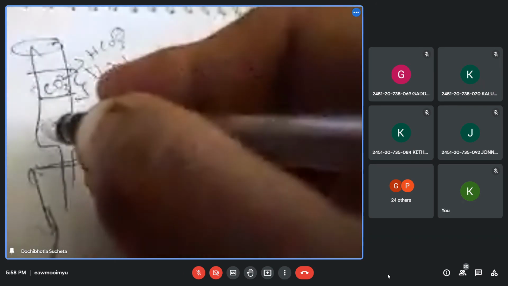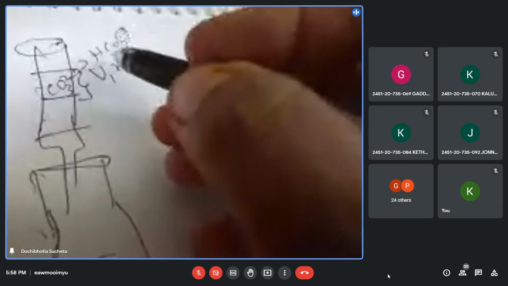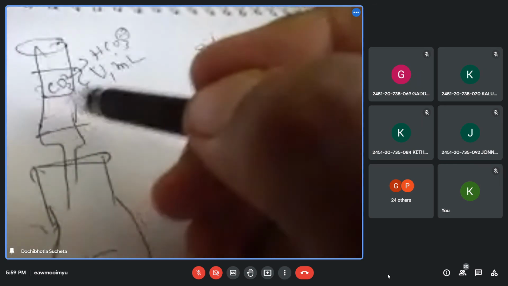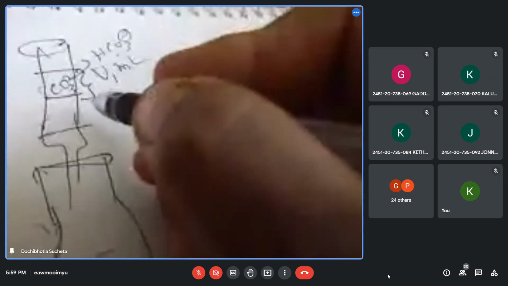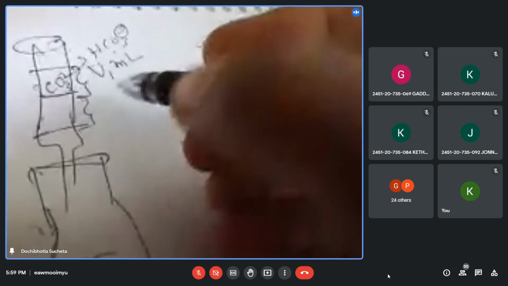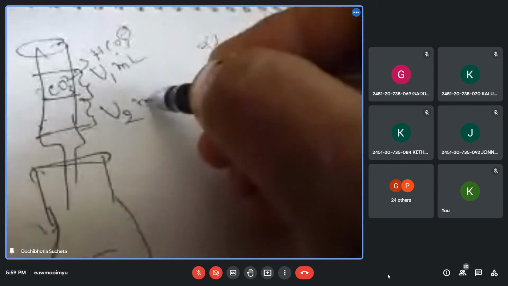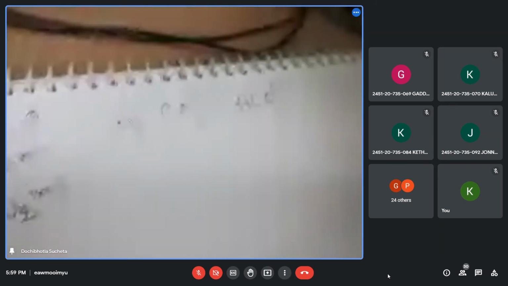Fine. Now, after this point, I'll take the colorless solution and add 1 drop of methyl orange indicator. It gave yellow color and then it started consuming HCl, and the end point color was red, and I'll take it as V2 ml.